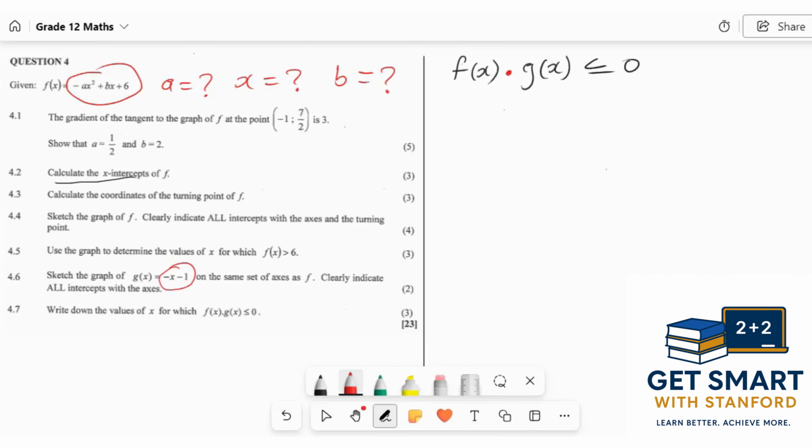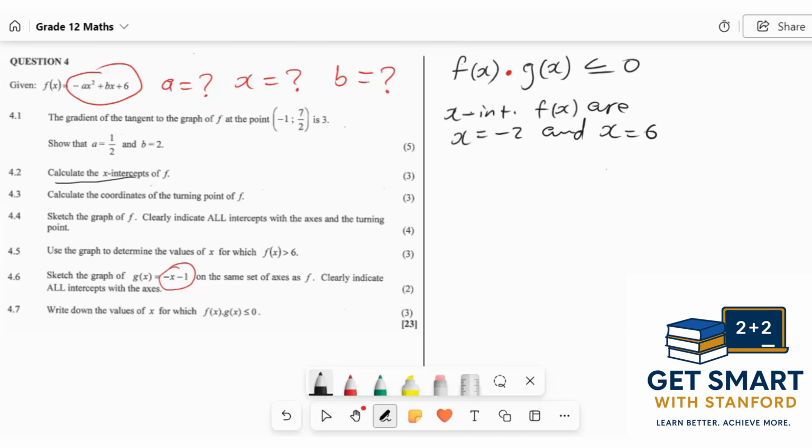So nice. Then we have already calculated the x-intercepts of f of x, those ones.